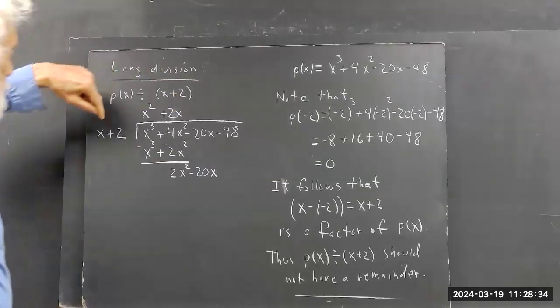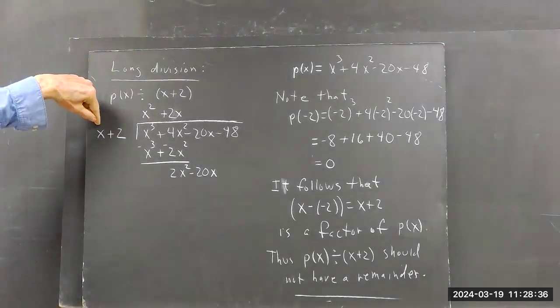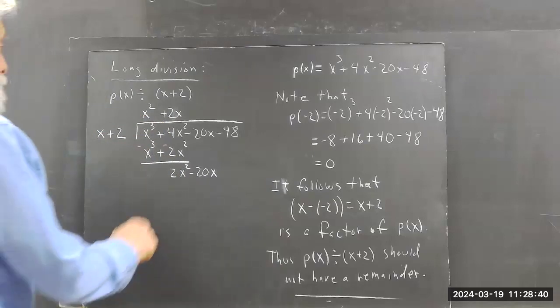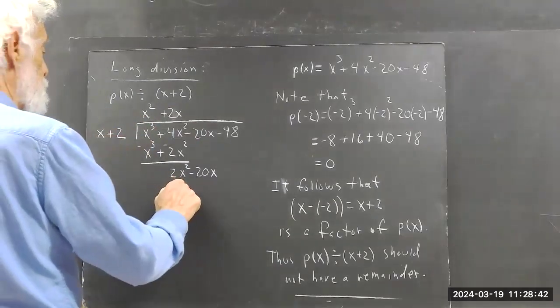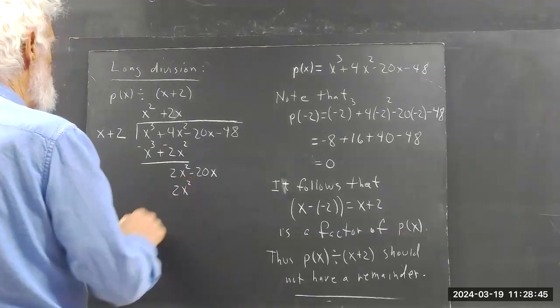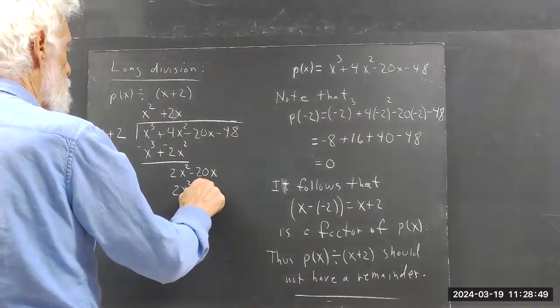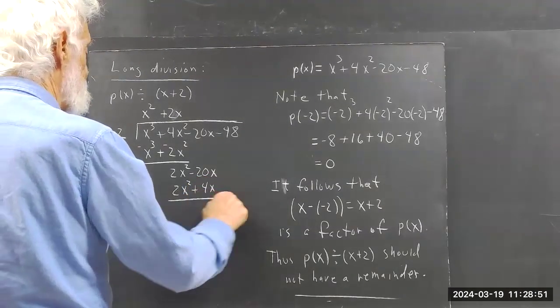If I multiply 2X by X, I get 2X squared. And 2X multiplied by 2 gives me 4X.